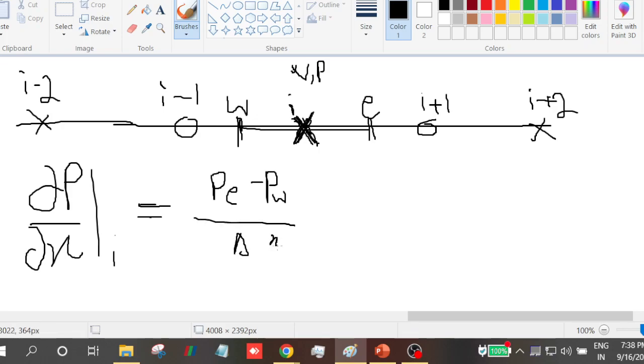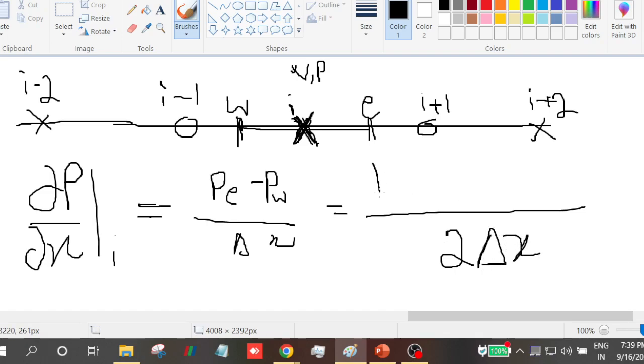Now how can we write PE? We can just do a linear interpolation, that is PI plus PI plus 1 divided by 2. Similarly, for PW, we can write PI minus 1 plus PI divided by 2. Let me just sum it. 2 delta x, that is divided by 2, I have brought it into the denominator.